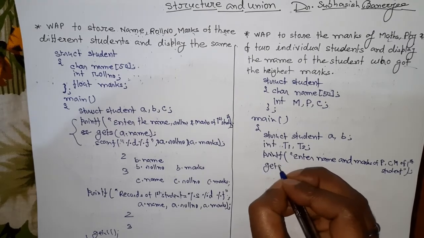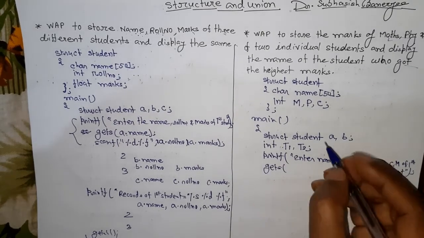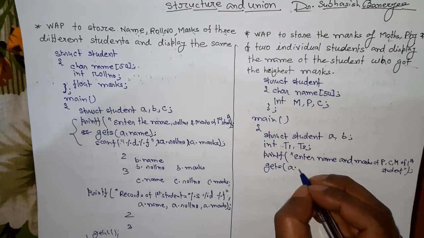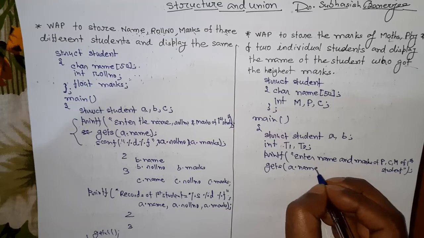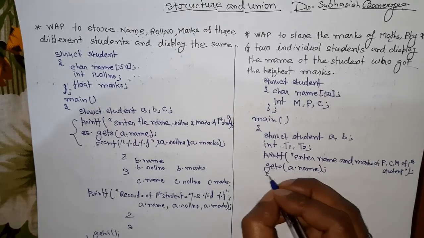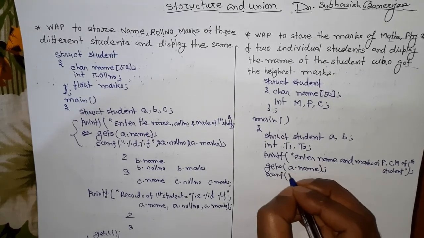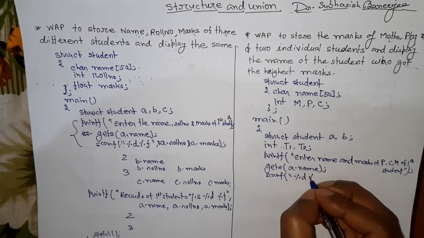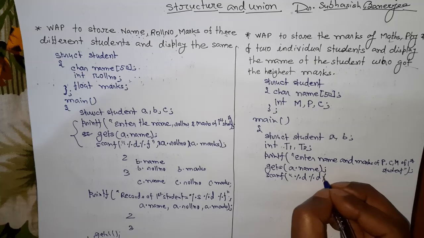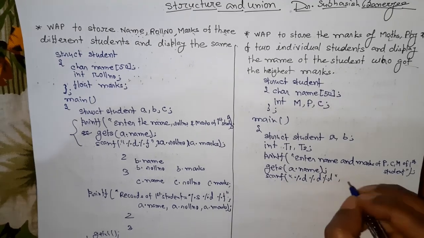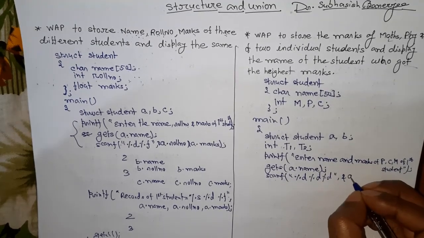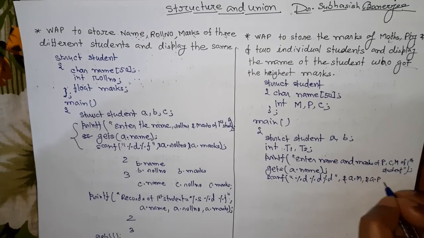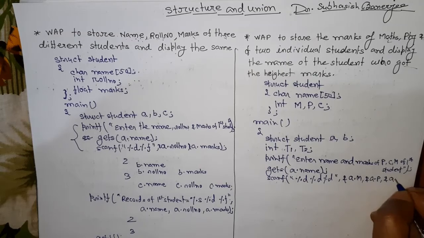To take the name, we may use gets. For the first student we are going to use the variable a, so there should be a dot name. To take the rest of the inputs we'll have to use scanf, that will be %d for physics, chemistry, maths. So three %d will be required, so it will be a dot m, ampersand a dot p and a dot c.